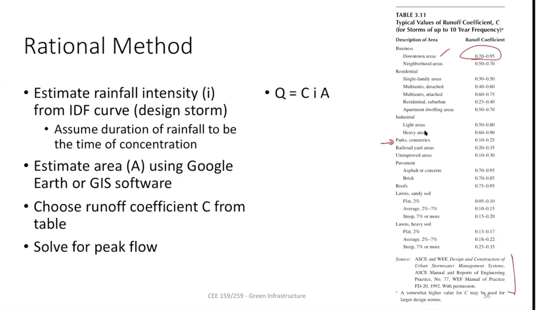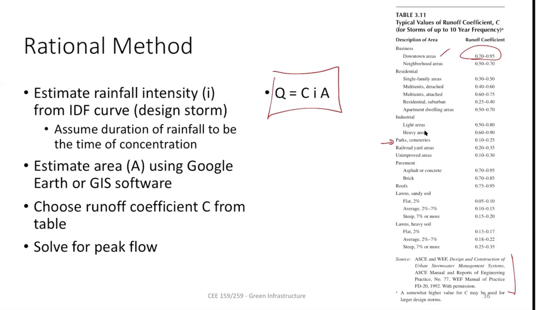You can also estimate the rainfall intensity or design storm based on the IDF curve, something that I already showed you, and the C value from this table. And then you just use the area and the formula to calculate how much runoff will be generated at your property.